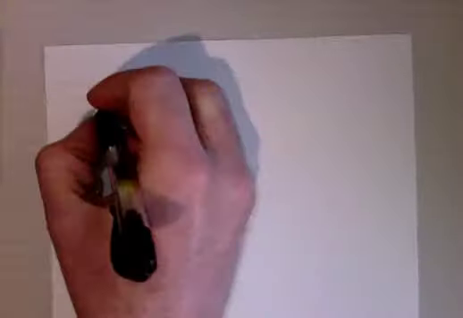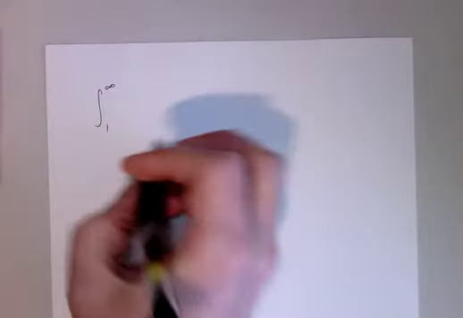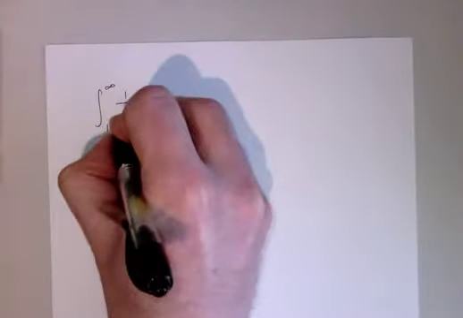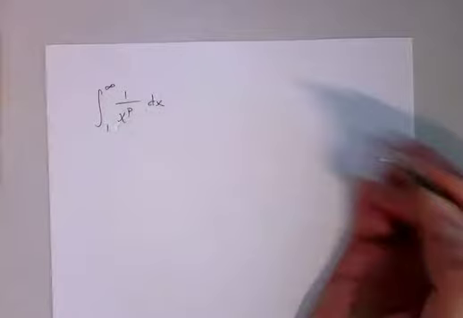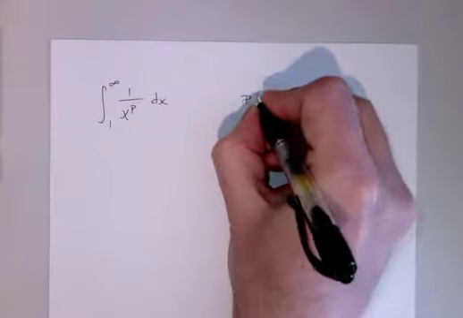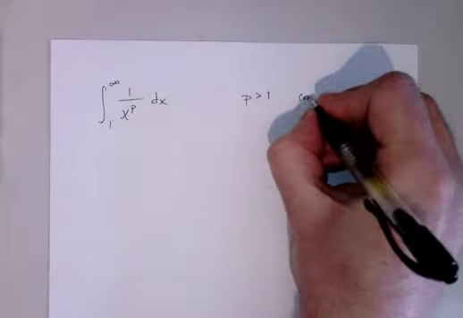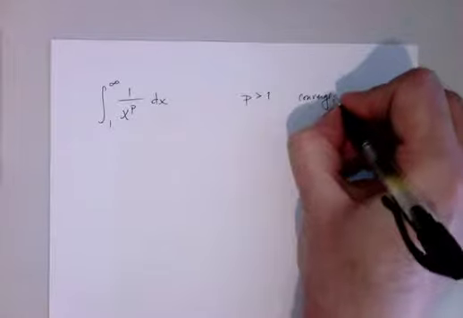When we're dealing with improper integrals, remember that we had, from 1 to infinity, or whatever constant it is, 1 over x to the p dx, okay? And as long as p was greater than 1, it converged, okay?